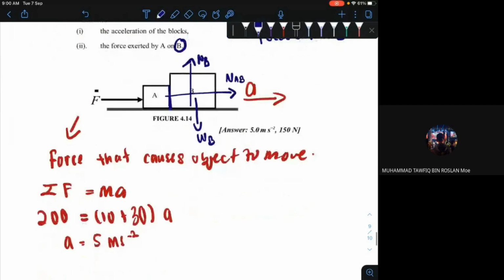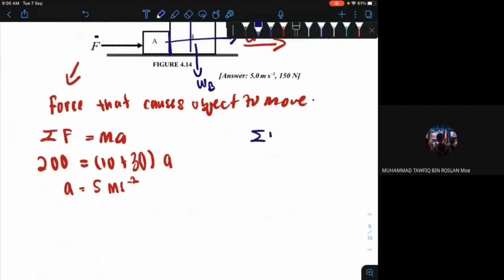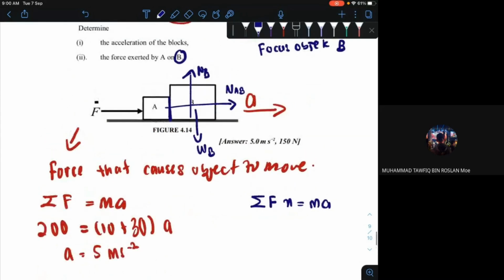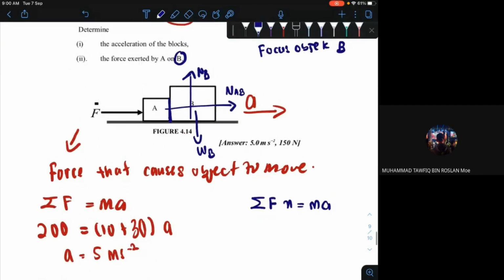So kita tengok dulu. Summation Fx is equal to MA dekat sini. Forces along X kita untuk objek B kita adalah satu saja, iaitu normal A on B. Normal A on B dekat sini.